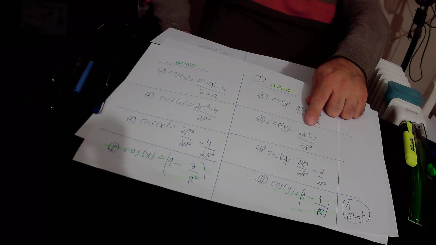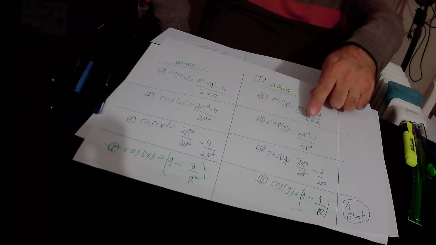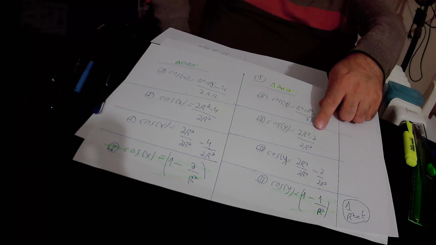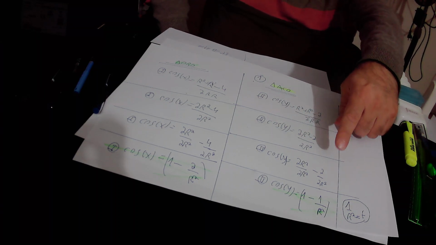Then we split this side of equation number 2 into two parts, and we got that cosine y equals the first part, 2r squared over 2r squared, minus the second part, 2 over 2r squared.